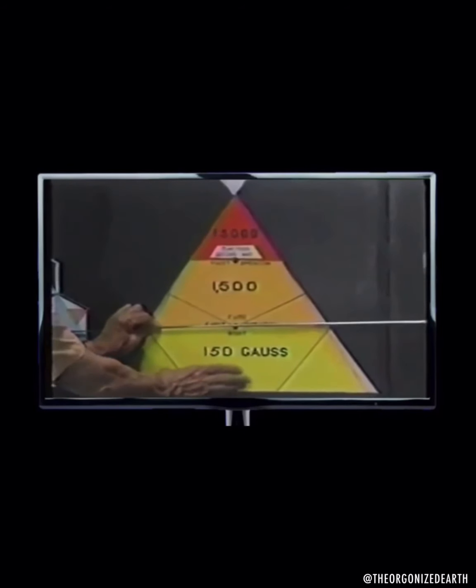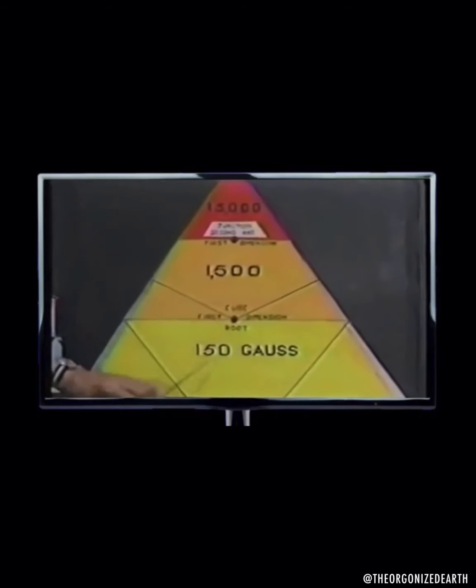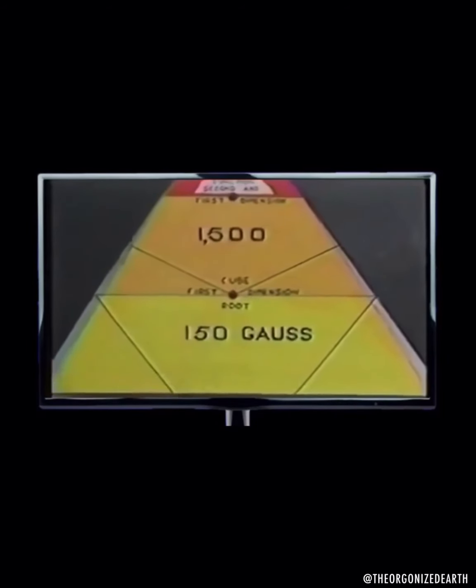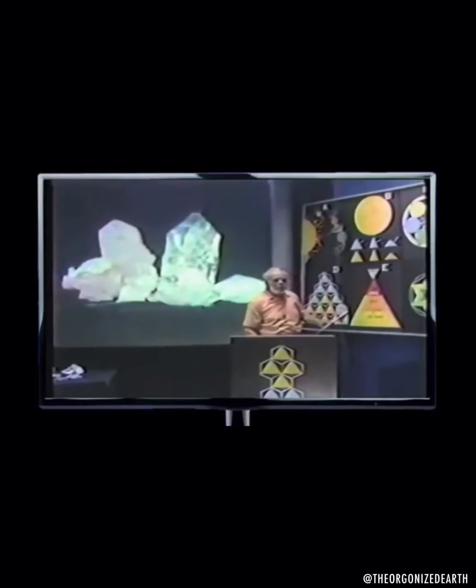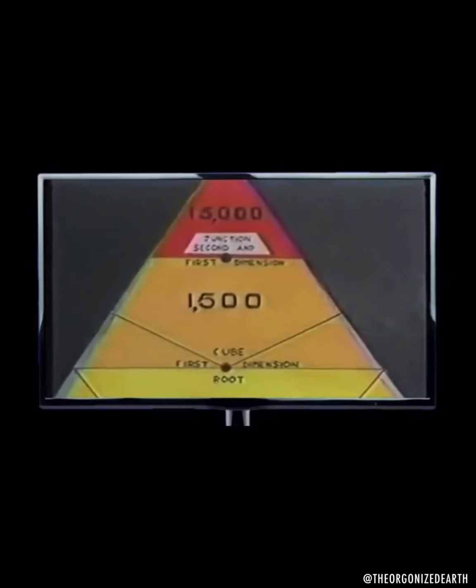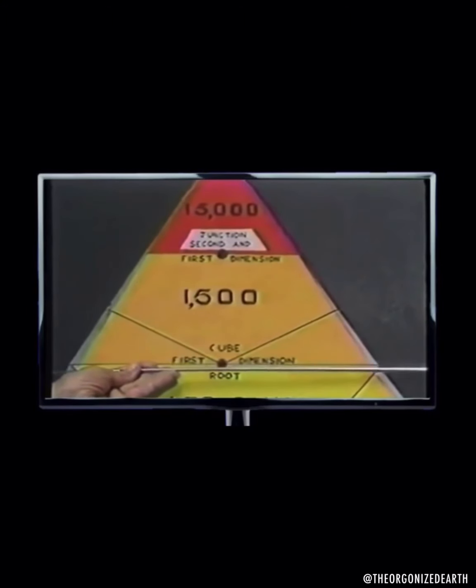Whatever you had in here, 150 Gauss I suggest is here, 150 Gauss at ground level. By the time it reaches here, it is 1500. And by the time it goes farther up to the top, it becomes 15,000. But now we only have one dimension yet, or one magnitude.